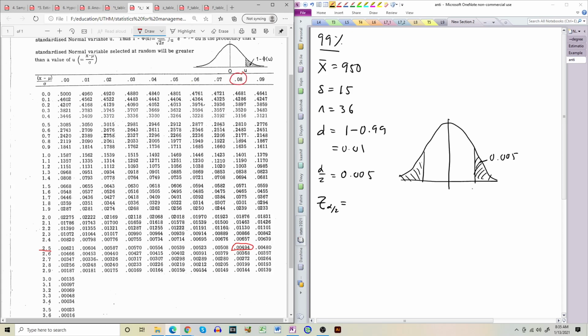So here my Z is here, and the value here is 2.58. I just recall this Z is known as critical value.